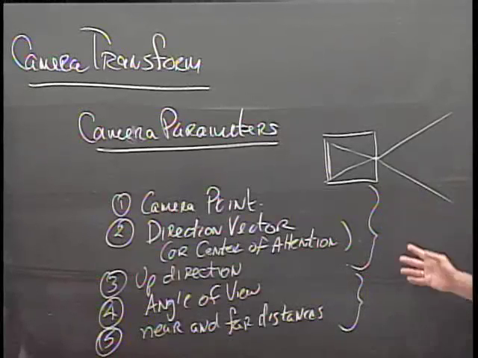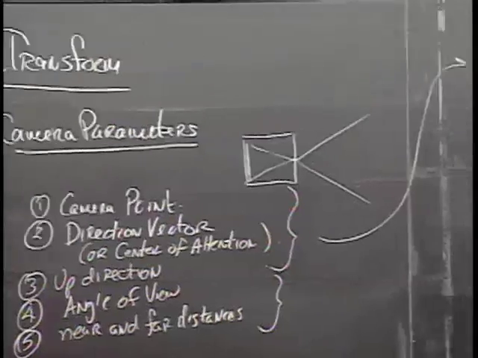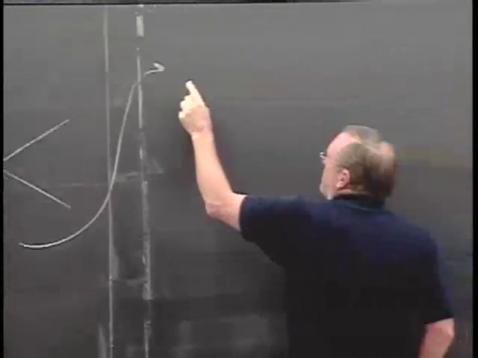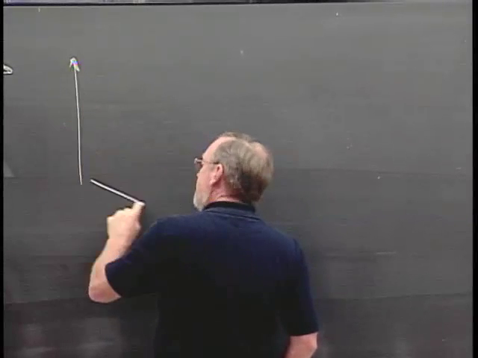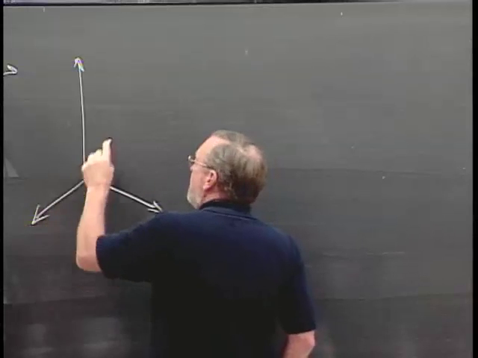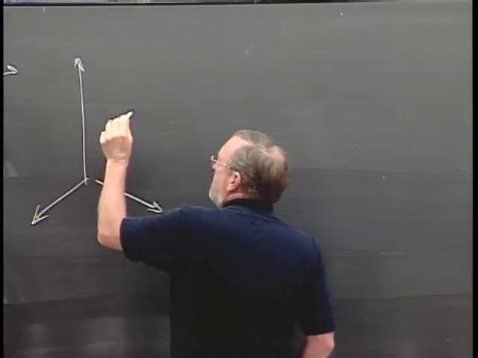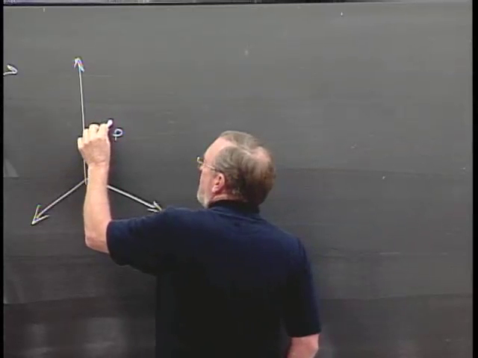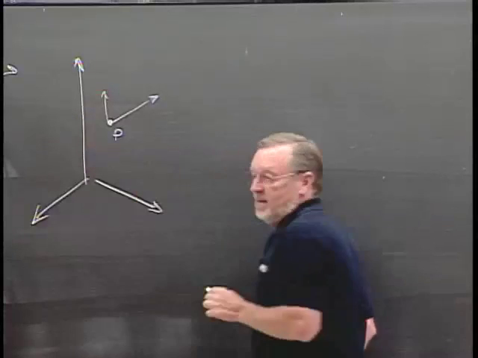Okay, so if we look at this one, say we have a camera point here, P, and we have a viewing direction and an up vector.